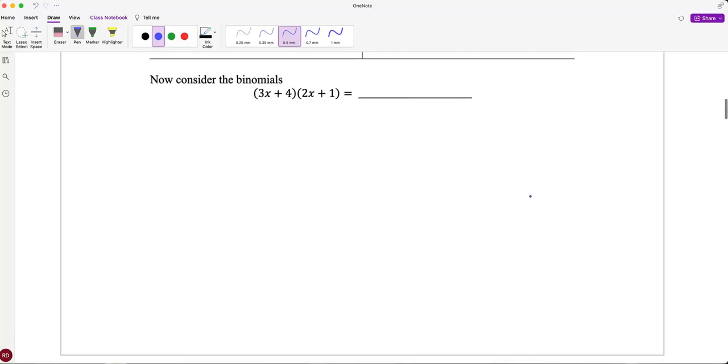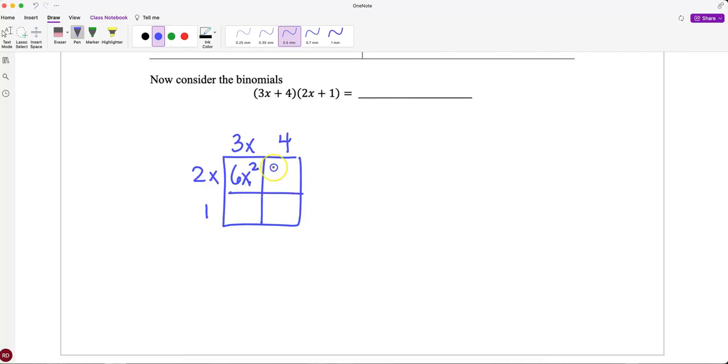Now, let's look at the binomials 3x plus 4 times 2x plus 1. So when I multiply that out, I get what, 6x squared, 8x, 3x, and 4. So this is 6x squared plus 8x plus 3x plus 4.